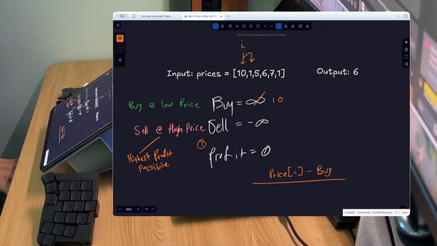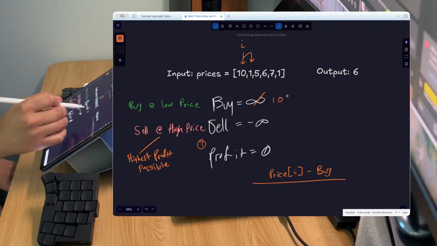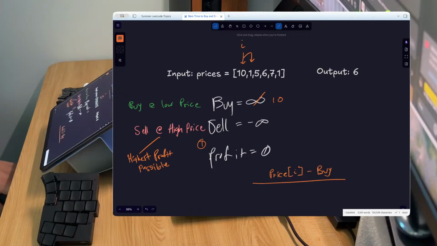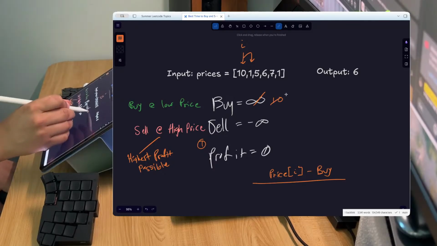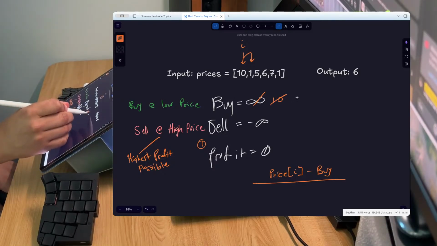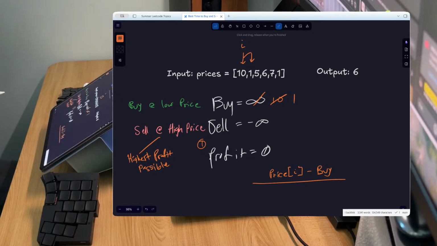Okay. Then at 1, we check if our current buy value is greater than the next day's buy value, which it is. So we want to buy at the lower rate. It becomes 1.